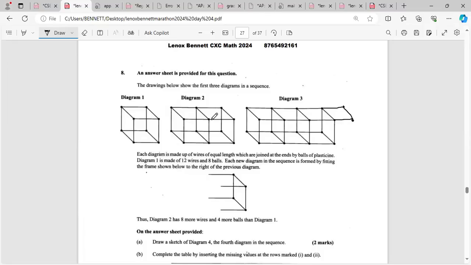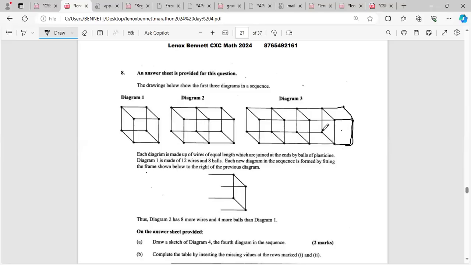Alright, so look, they attach this, and then same thing, they're going to attach one to the one on the ground.